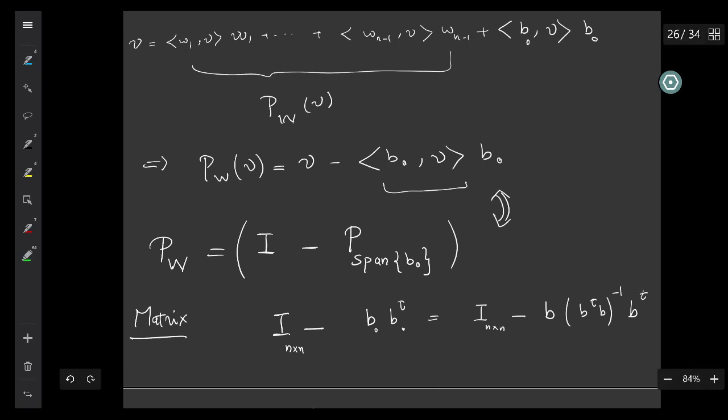Okay, B naught is a normalized B. So this is equal to, of course, I_n minus B B transpose divided by the norm of B squared. Okay, that's very good.